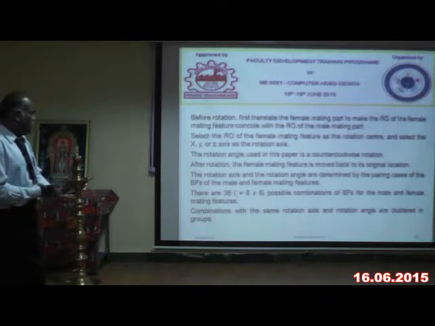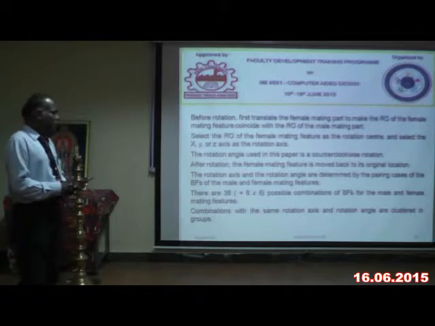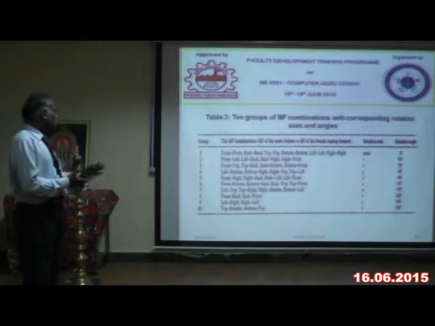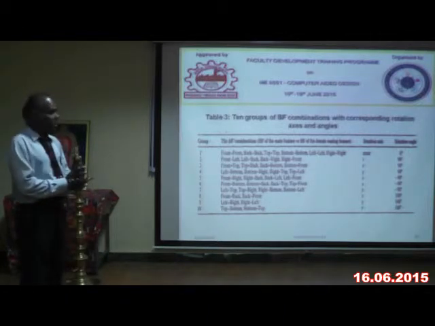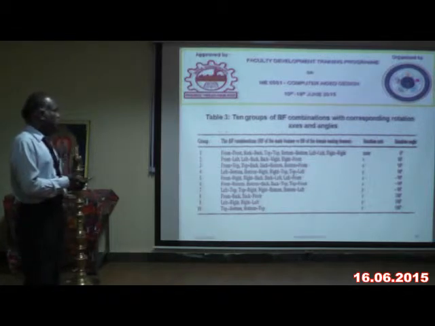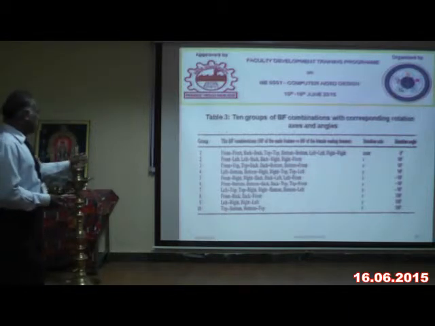Combinations with the same rotation angle and rotation axis are clustered in a group. These are shown in 10 groups for understanding. Here the groups are 10, the boundary face combinations with corresponding rotation axis and angles.